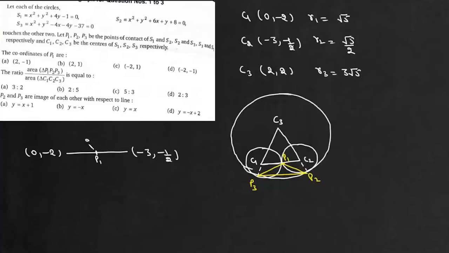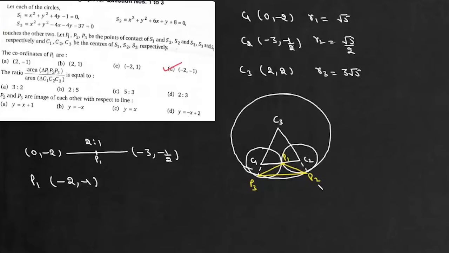So it'll divide them in the ratio 2 is to 1. Now this is minus 6 by 3, minus 2, and here will be this minus 1, minus 2, minus 1. So coordinate of P1 is (-2, -1), and that's your option D.